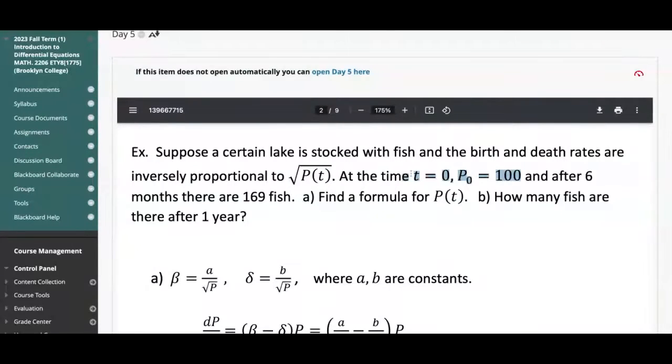So this gives us a point for this function. Our initial value is given. And after 6 months, there are 169 fish. So we have two initial conditions. A, find a formula for the population. And B, find how many fish there are after 1 year.